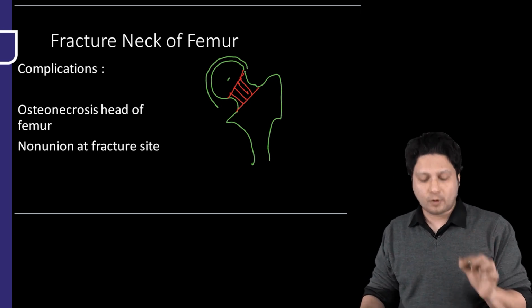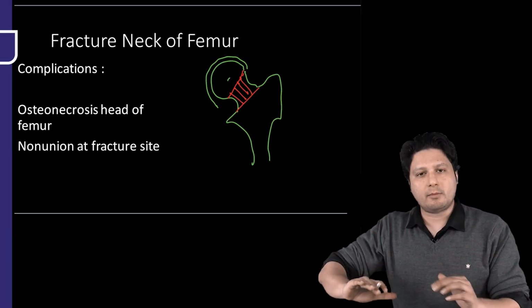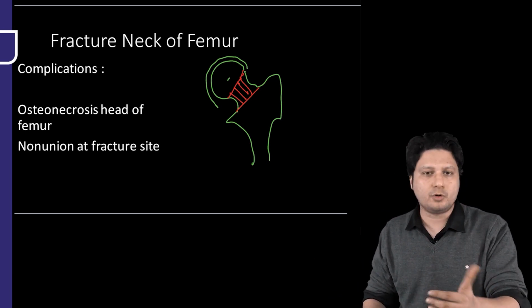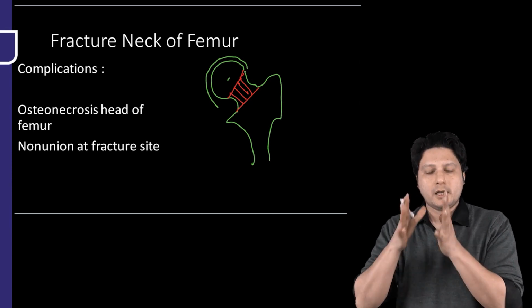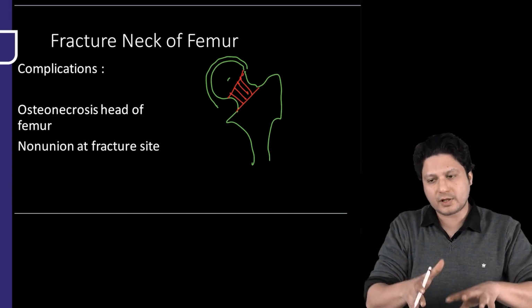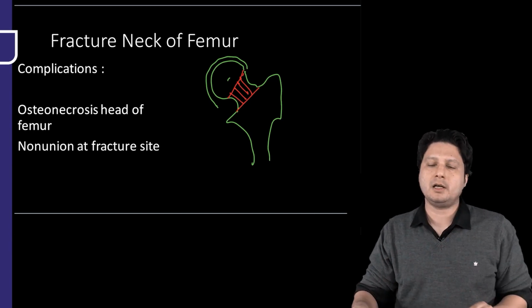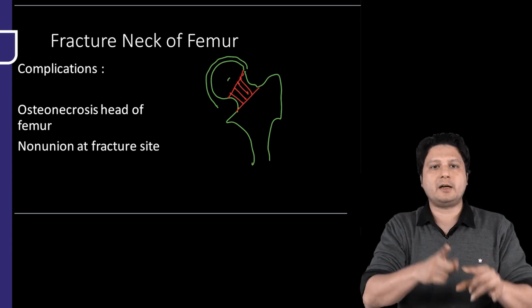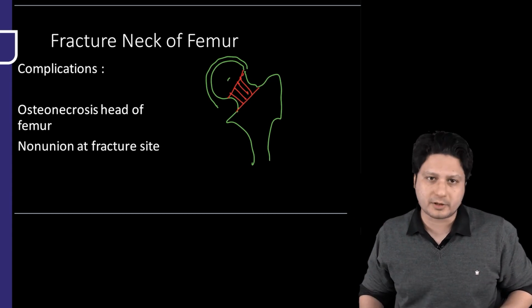Now, for these fracture neck of femur, instead of talking about the reason, the age group, the attitude, the presentation, the management, it is always important to have a discussion on the complications first, because everything would be related to the complication. Imagine if the patient comes to you with a fracture neck of femur, then the treatment would be decided based upon the possible complication the patient could be having.